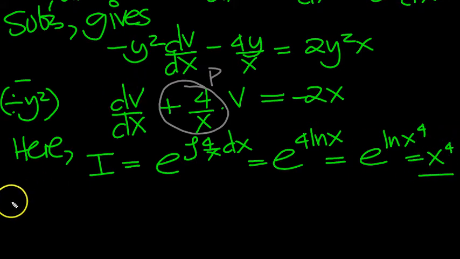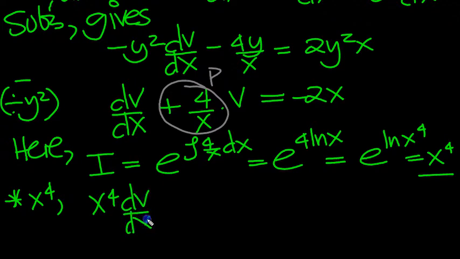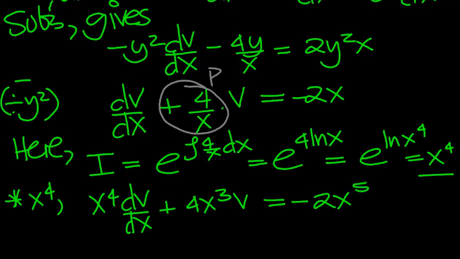So let's multiply through then by x to the 4, see what we get. So x to the 4 dv/dx plus 4x cubed v equals, because one of the x's would have cancelled and we've got a 4 there, haven't we? And then we've got minus 2x times x to the 4, which is minus 2x to the 5. There we go.